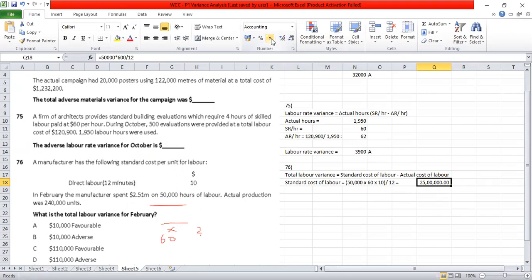So total labor variance is equal to 2,510,000 minus 2,500,000. That is 10,000 adverse.